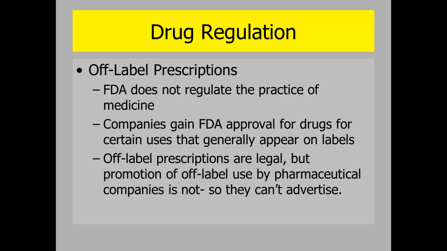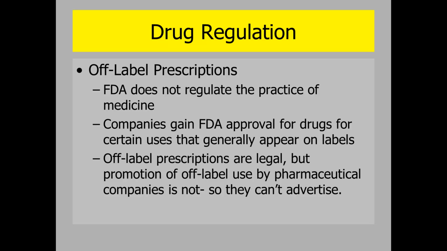So you would off-label do a test to see whether or not the breast cancer drug worked on this particular category of ovarian cancer. So the FDA doesn't regulate the practice of medicine, so a physician could prescribe the off-label purpose, but they can't be promoted.